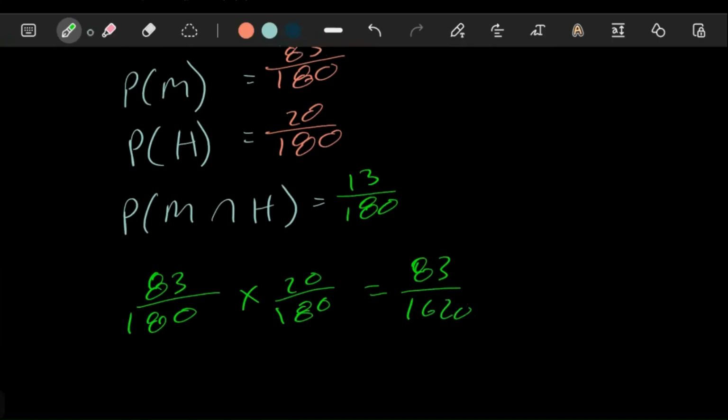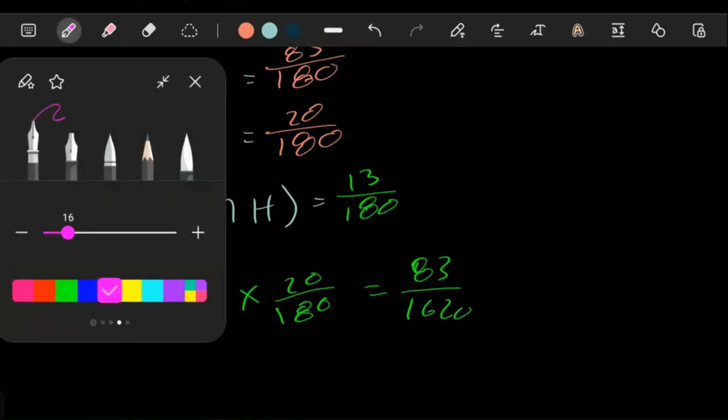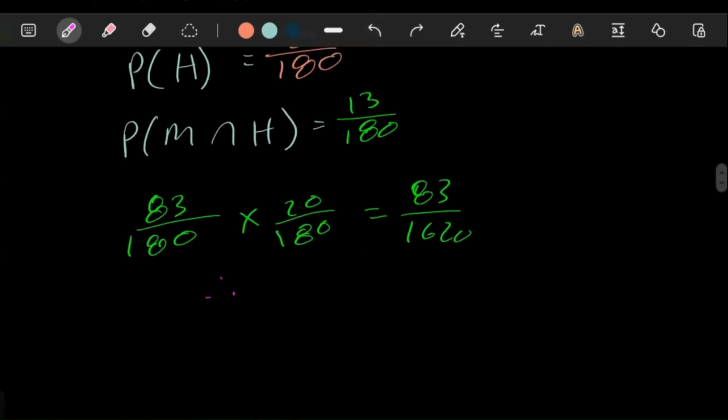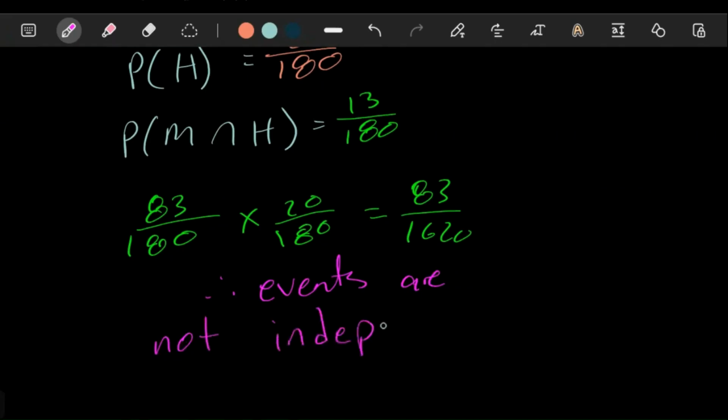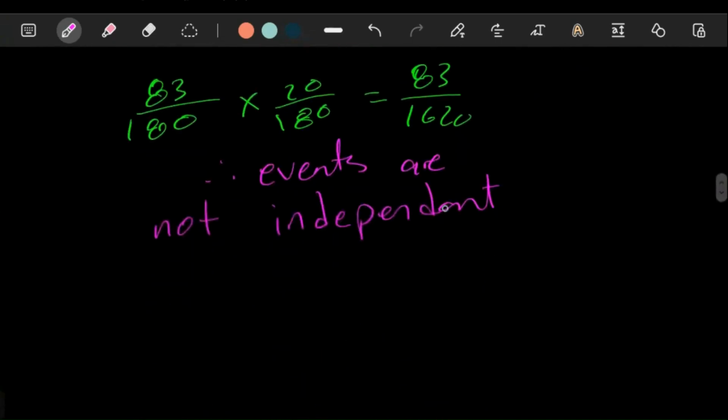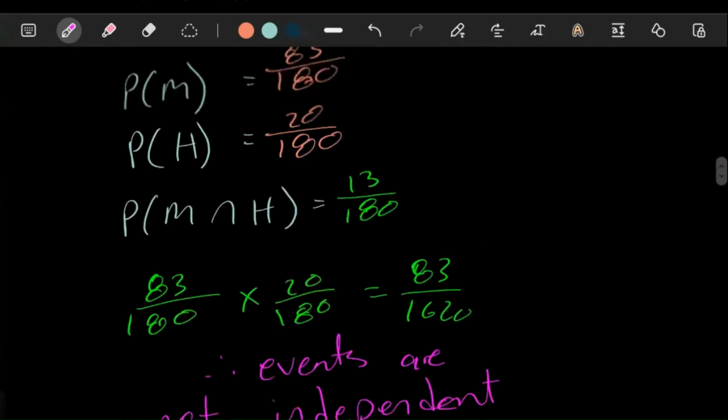So here we can say therefore events are not independent. There we go. Events are not independent. So that's fine. Let's move on.